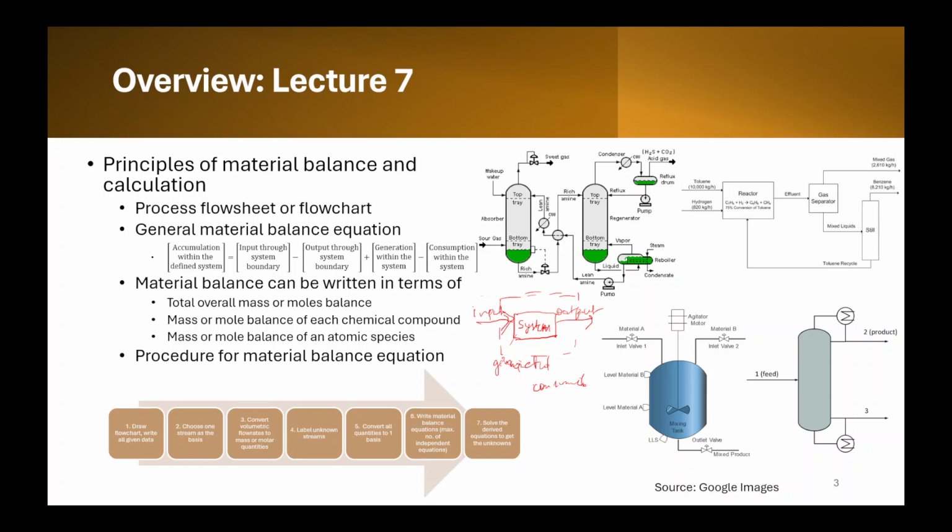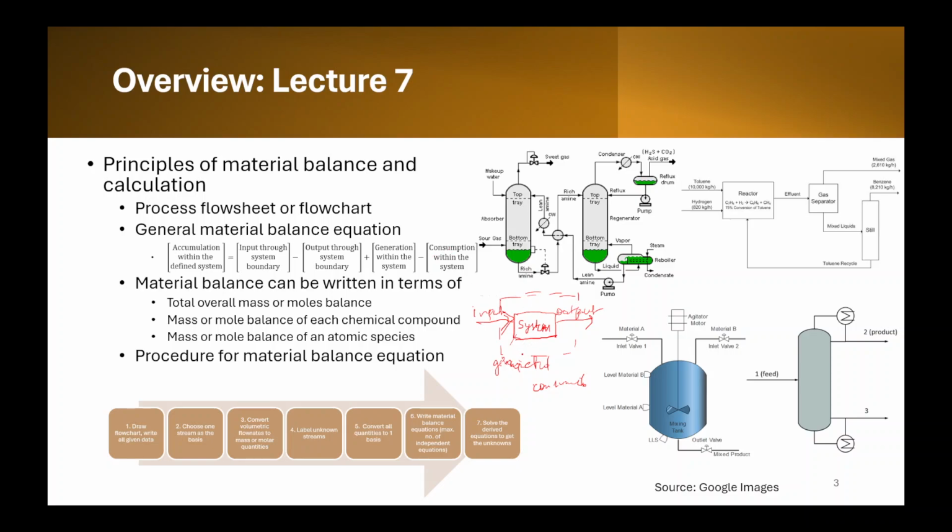So some material may also get accumulated inside the system. So this is basically the general material balance equation. Accumulation within the defined system is equal to input through the system boundary minus output through the system boundary plus generation within the system and minus consumption within the system.